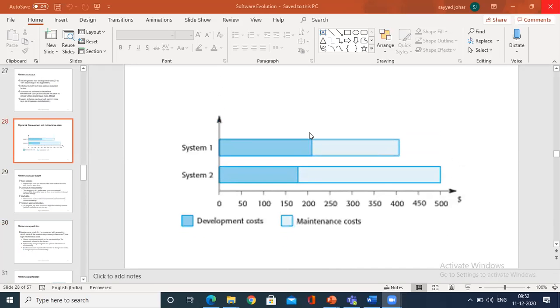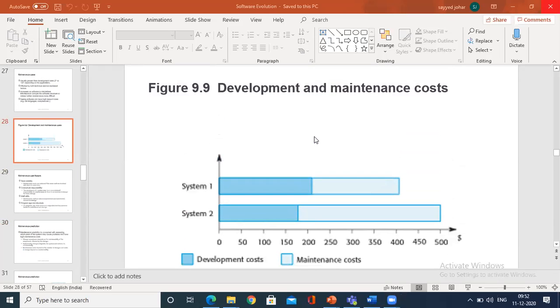So this is just a diagram to compare how exactly the development cost and maintenance cost could be compared, right? Because once the product is developed, it has to be maintained. In system one, it is almost equal: 50% of the development cost is equal to 50% of the maintenance cost.